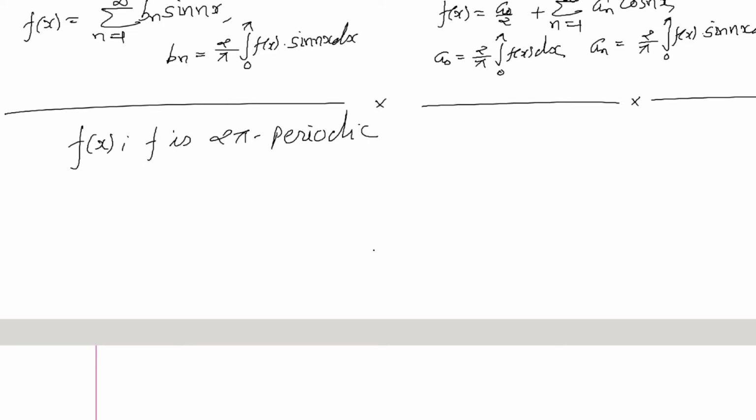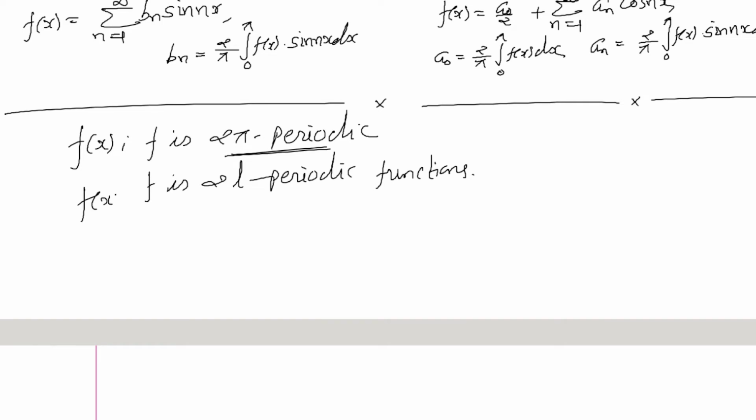So the question arises in our mind that in place of 2 pi periodic function, can I talk about 2L periodic functions, right? So if f of x is 2L periodic function, then what about its Fourier series? So let us define 2L periodic function.